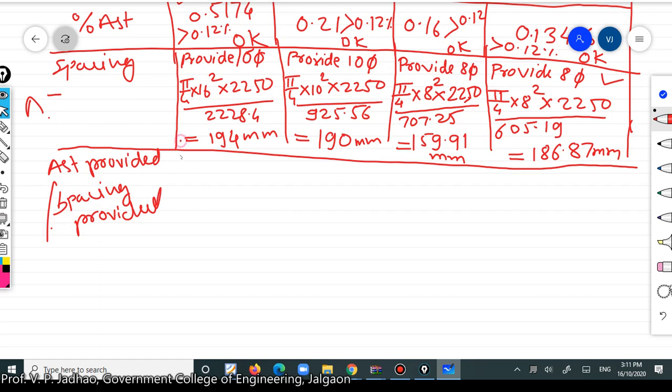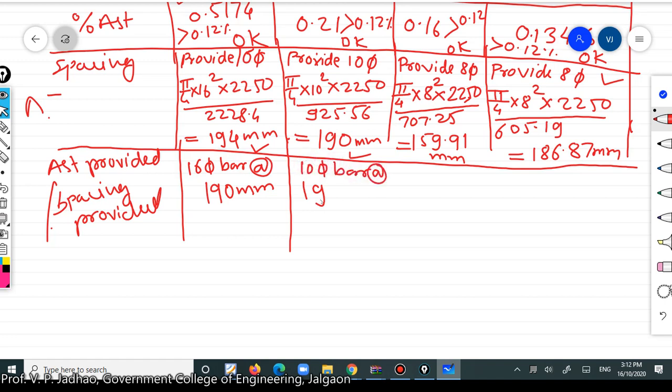So here let us provide 190 mm. Because we have here 194 mm, we can reduce that to 190 mm. Here we have 190 mm, we can directly provide 16 phi bar at 190 mm. This is 10 phi bar at, again we will provide 190 mm.